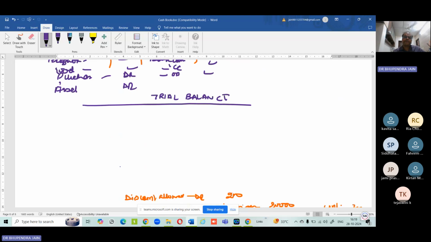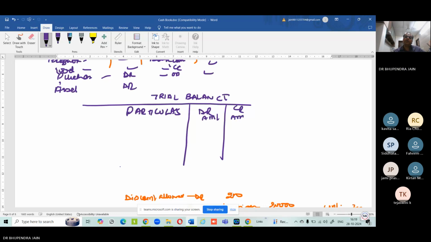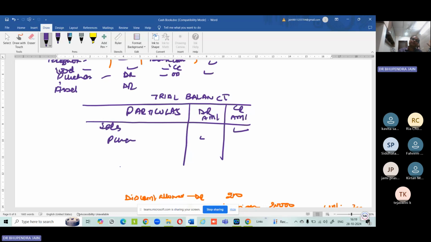Trial balance. Particulars. Debit amount and credit amount. What will we write here? Sales. So sales balance, credit. If purchase, then purchase balance, debit. All the fixed asset balances, debit.